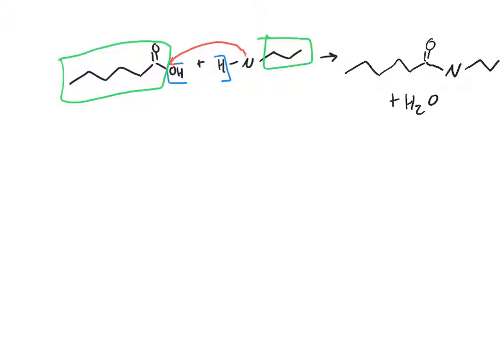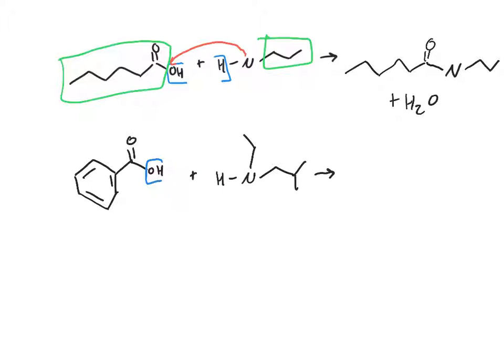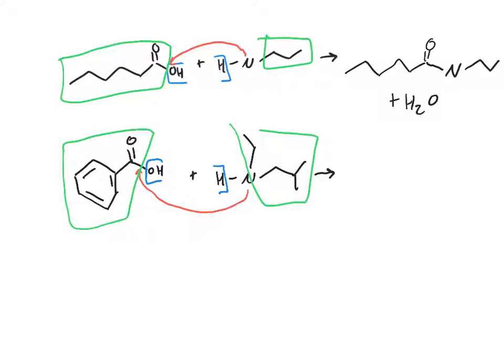Let's look at an example with a secondary amine. Again, this is something that looks a little bit hairier and a little bit more complicated, but the basic concept is the exact same. The OH from our carboxylic acid will be removed along with the H from the amine in order to form water, and our nitrogen is going to bond to our carbonyl carbon, and the rest of both of the molecules will be pulled along to form our final amide.